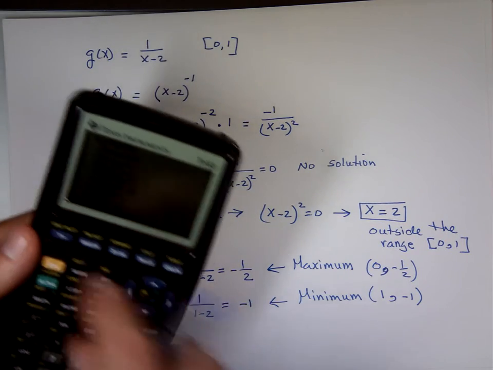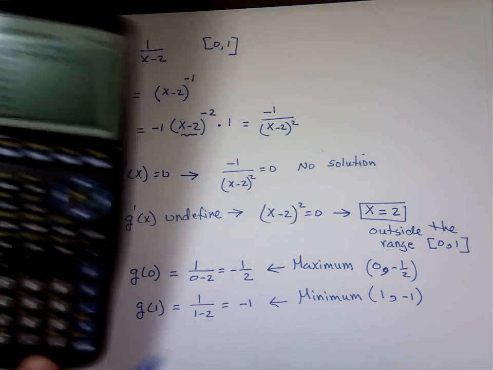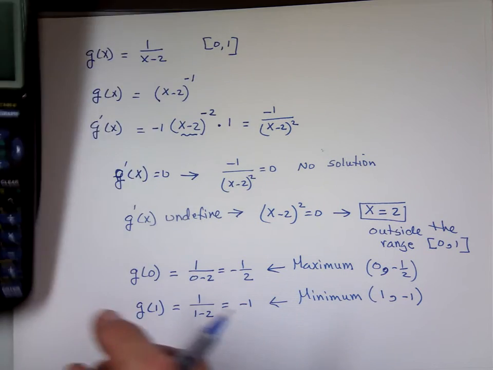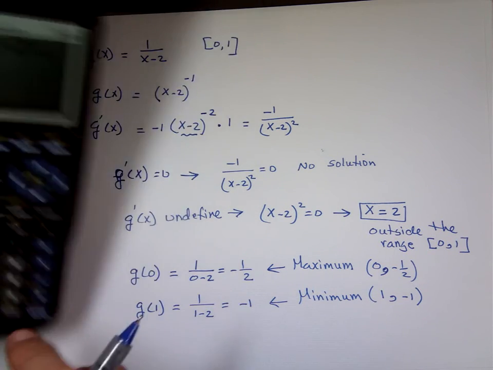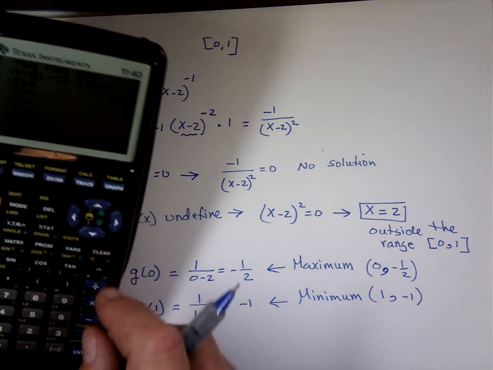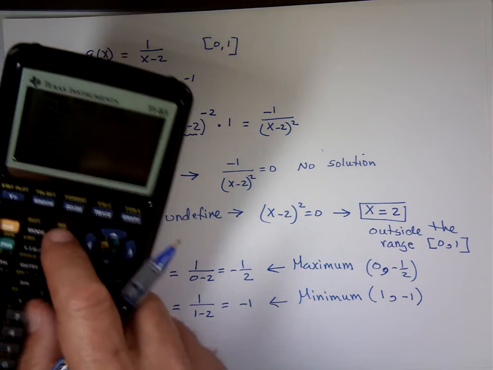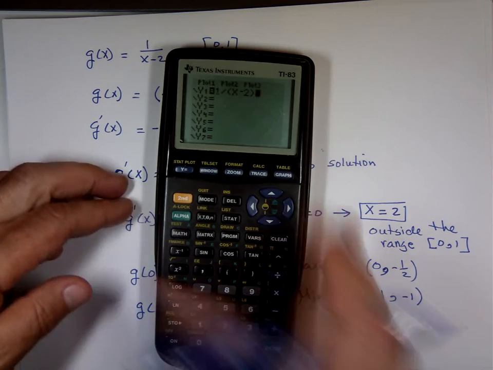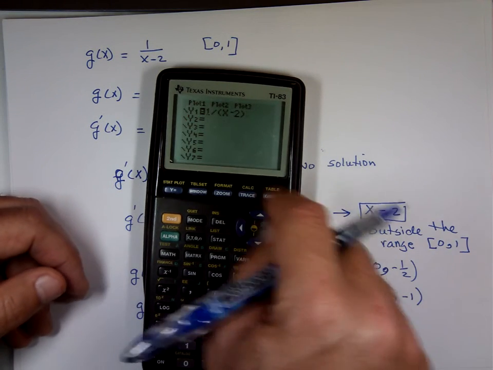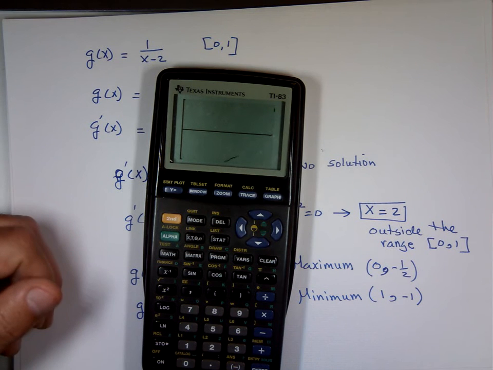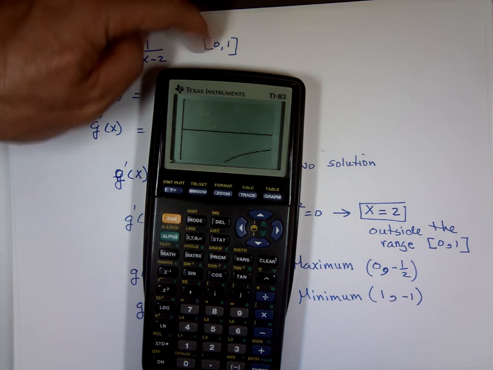And I want to graph 1 divided by parentheses x minus 2 close parentheses. There we go, graph it. I set my window from 0, x is actually 0 to 1, and this is what I got.